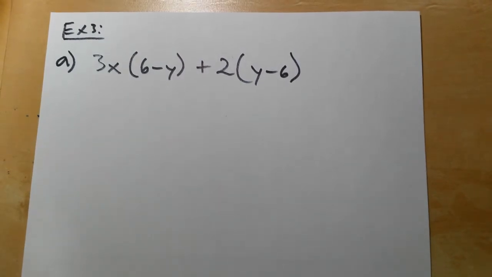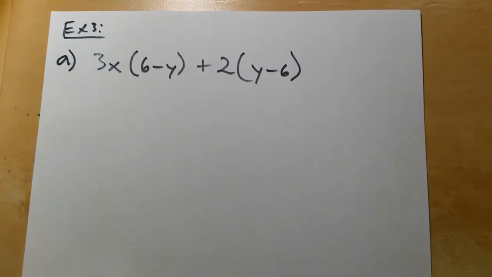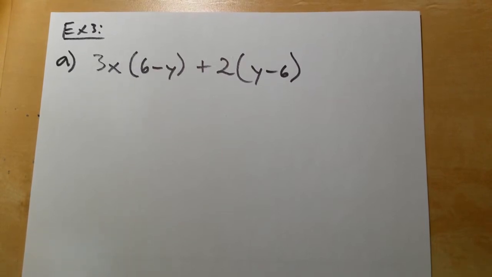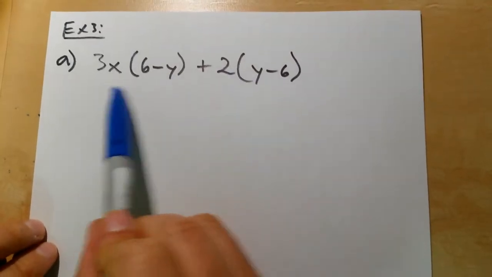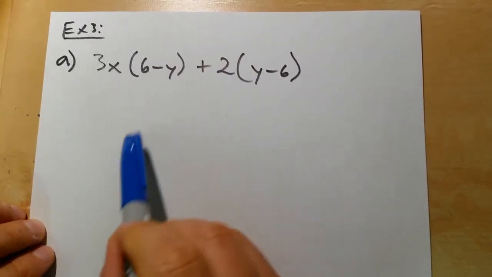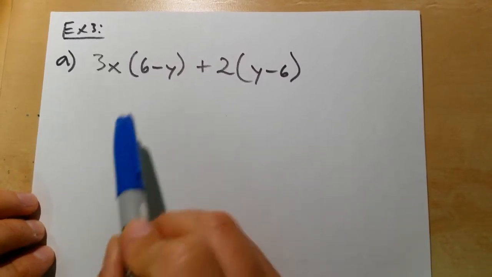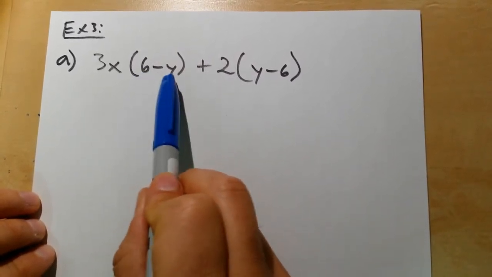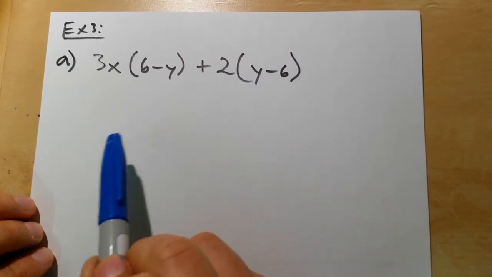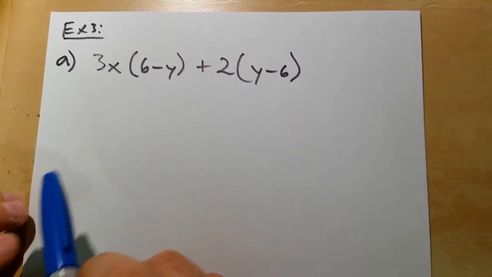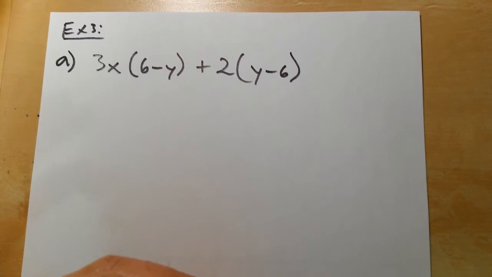Later on, once you take care of that, then we move to other steps that will help us to factor expressions further. Okay, so here we're looking at these 2 expressions, and you may say, well, it doesn't really have a common factor. The only thing you might be saying is that 6 minus y and y minus 6 are similar, but they are not the same. However, we can make them the same.